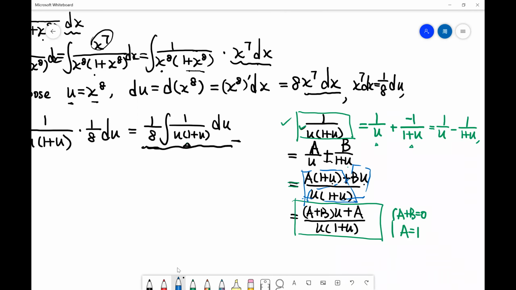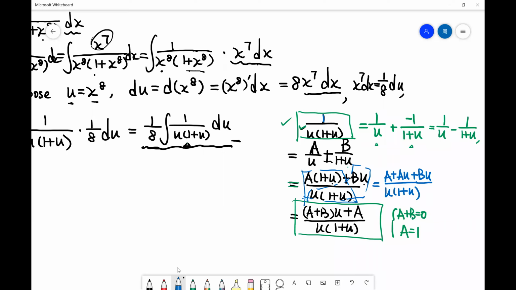Here I will write another step. u times 1 plus u here, that is a plus a times u plus b times u, right? And now we know that is a plus b times u plus a.